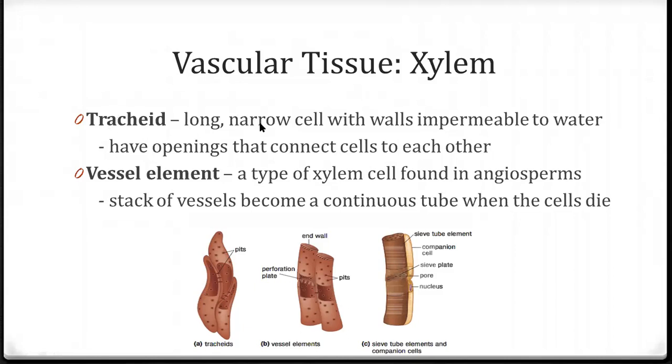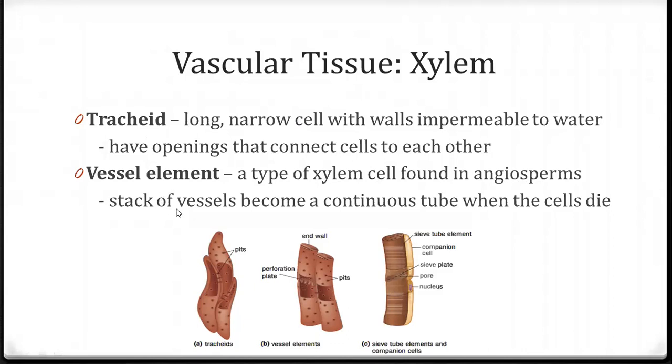The tracheid is the long, narrow cell with walls that are impermeable to water, which means water can't get through. They have openings that connect cells to each other. And then they have a vessel element, which is a type of xylem cell found in angiosperms. Remember, angiosperms are basically flowers.